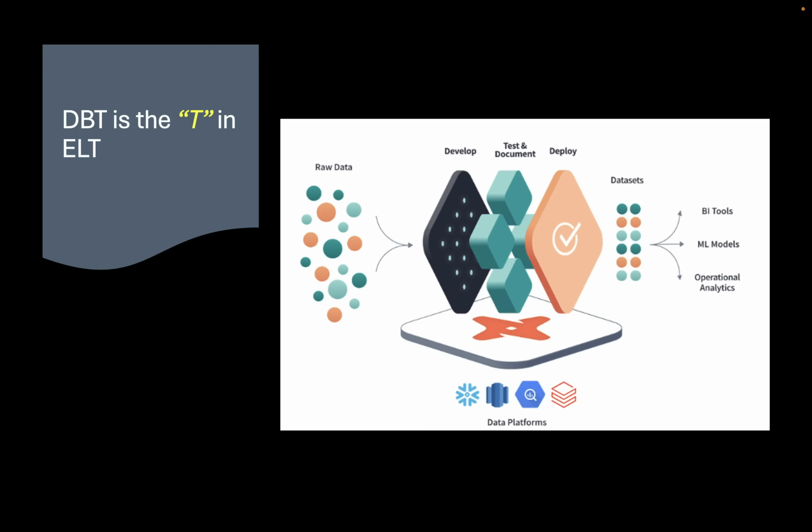The answer is no. You cannot use dbt to ingest your data. You only use it once you have loaded your data into your data lake or even your data warehouse. Then dbt takes over from there. Understanding this distinction is key in leveraging dbt effectively and building a truly agile data platform. So that's a very high-level difference between ETL and ELT, and where dbt fits in the picture between those two paradigms.